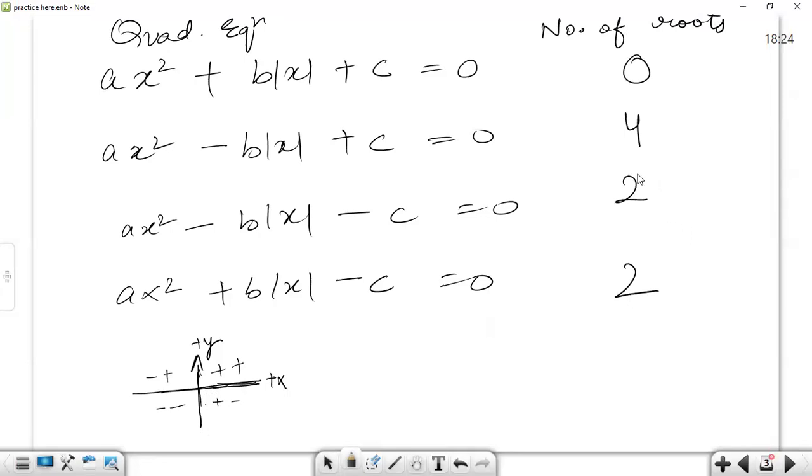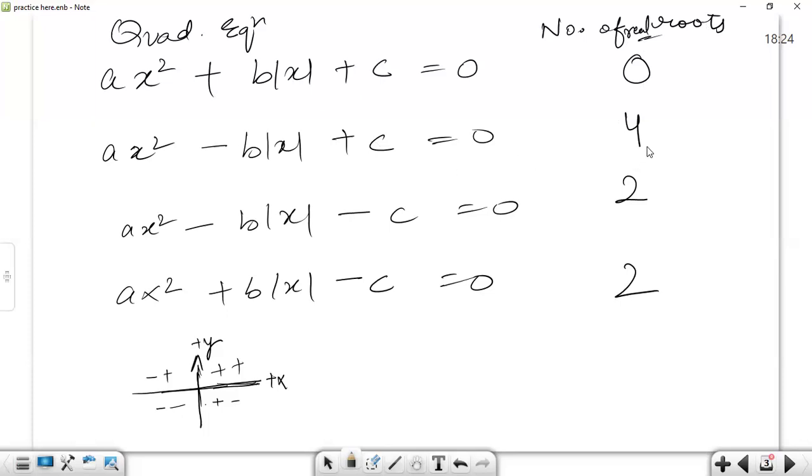Simple. Disregarding whether A, B, C are any positive rational numbers, there will be zero real roots for this quadratic equation. Zero real roots here.